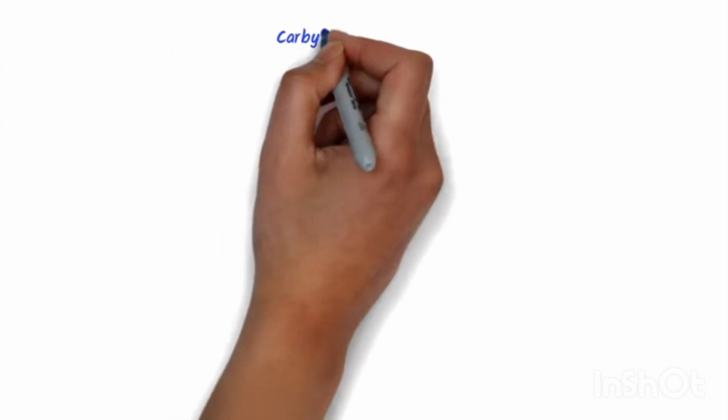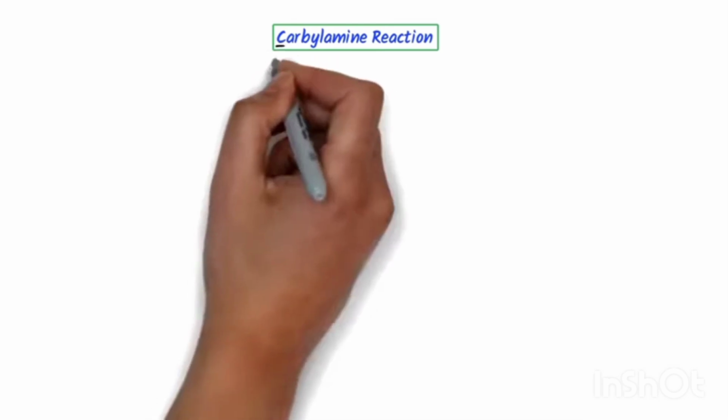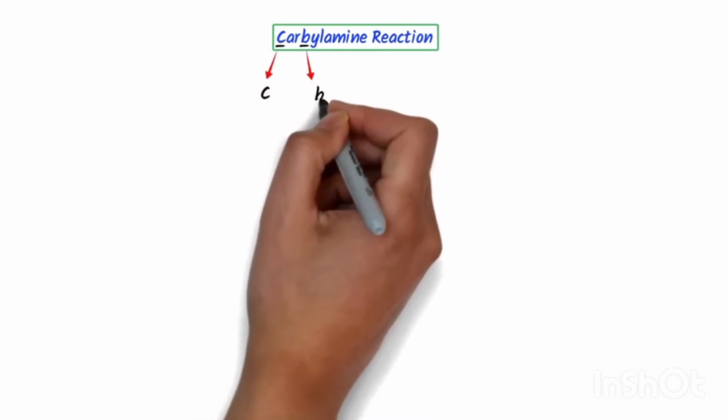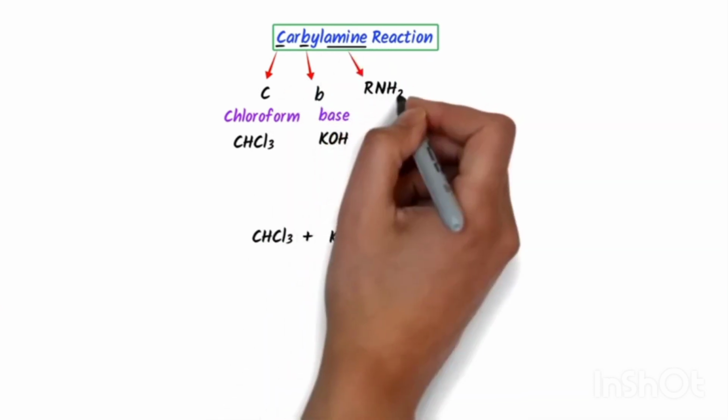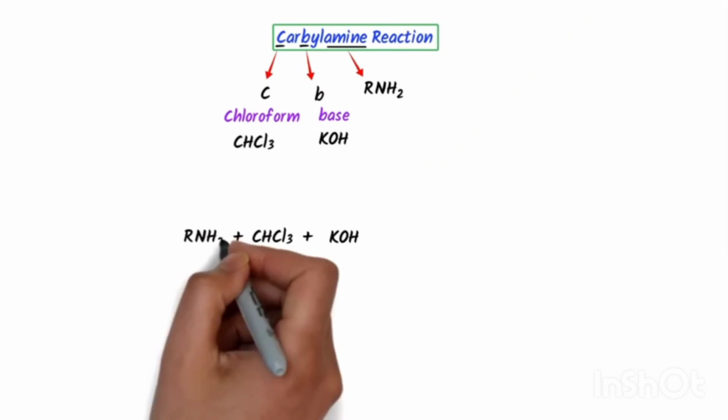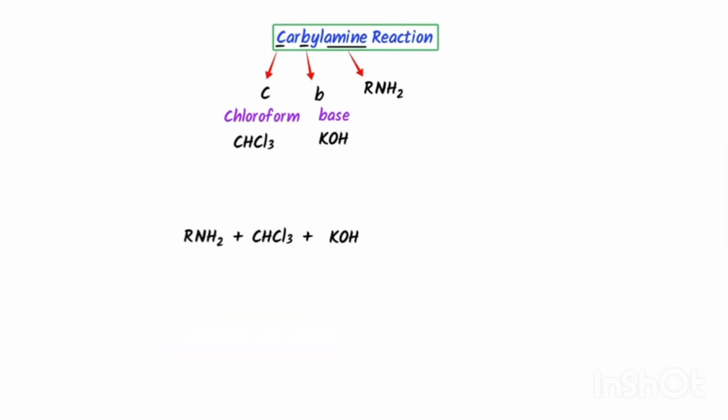Now let me teach you the carbylamine reaction. Well, in carbylamine, I select C and B. This C stands for chloroform. Its formula is CHCl3. This B stands for base, like sodium hydroxide. Secondly, I select amine. The formula of amine is RNH2. So these are the reactants of this reaction. Now this will displace this H2.